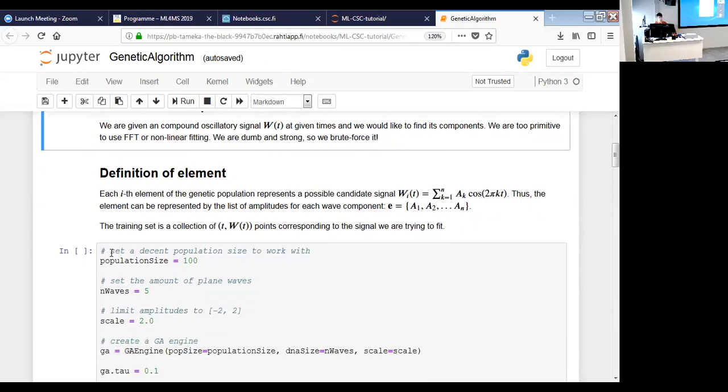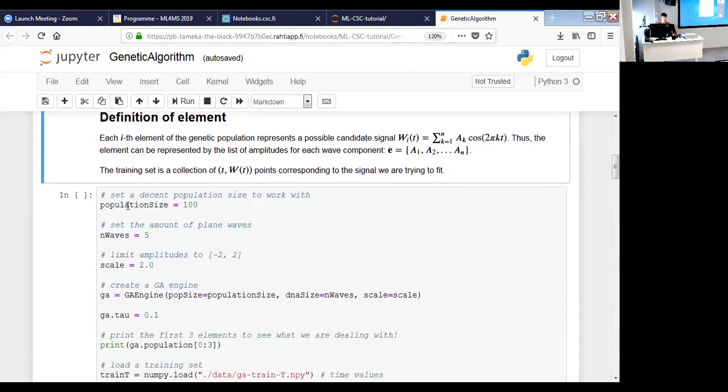Now, every element of the genetic population is going to be a model, represented by a set of numbers, which are the amplitudes of some plane waves. So an element is going to be a set A1, A2, and we're going to have 5 of them.